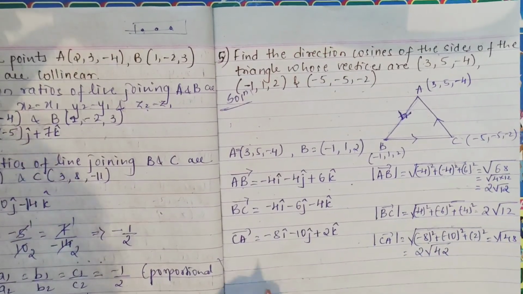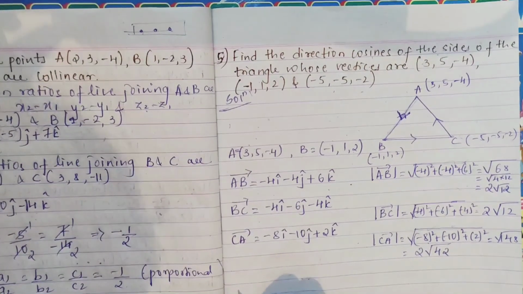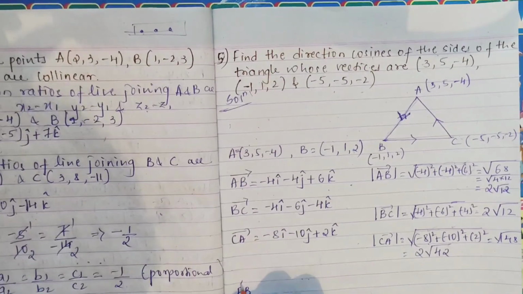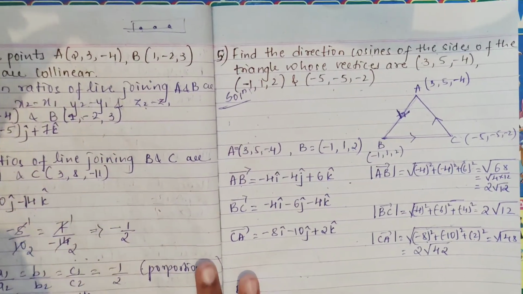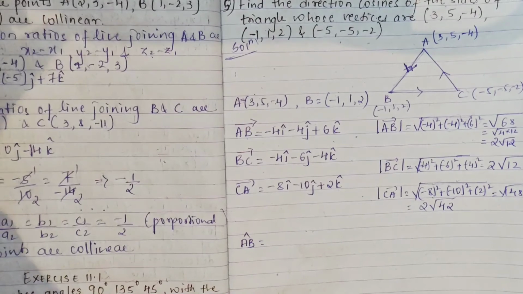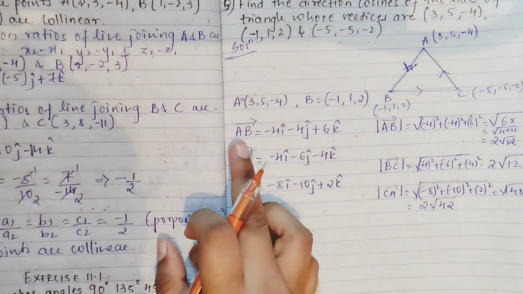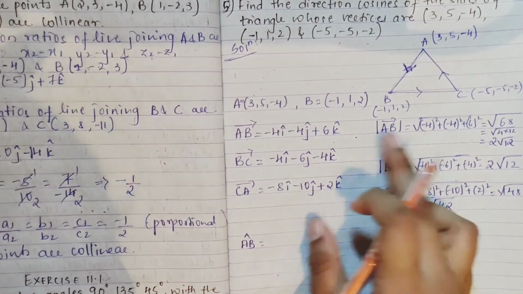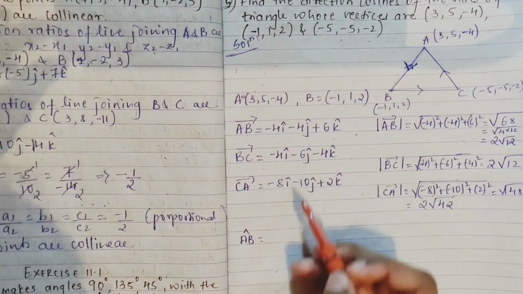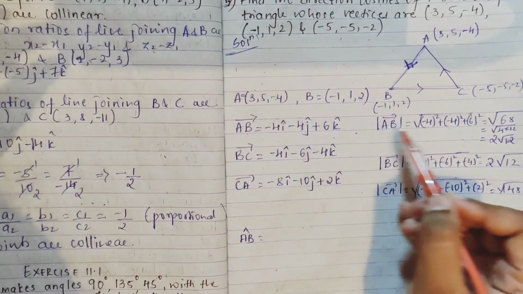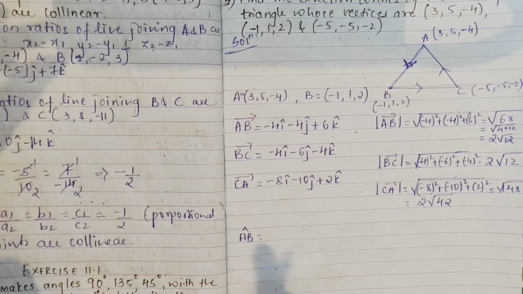Now you have to find the direction cosines. The AB cap vector: how do you find it? The components of vector AB divided by its magnitude, right? You have done this for the unit vector.